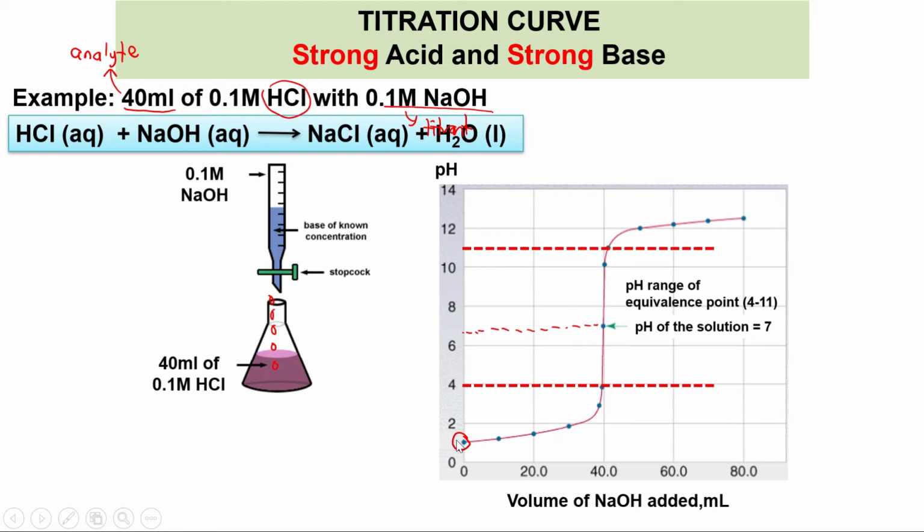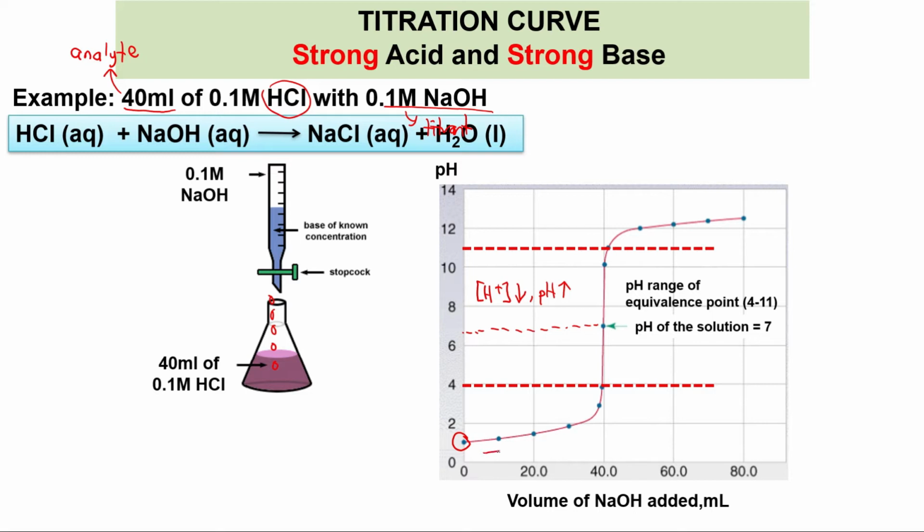Why? Because H plus ions from HCl in the conical flask are being neutralized by the added base, which is the added NaOH. This leads to a decrease in concentration of H plus. When the concentration of H plus decreases, pH increases.